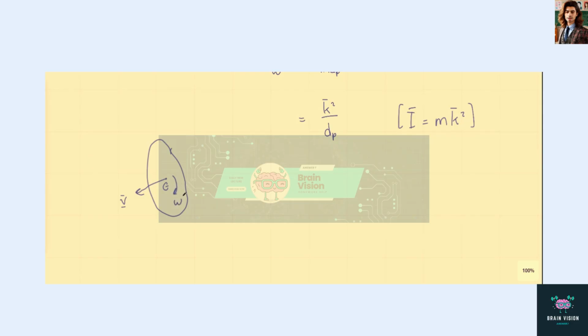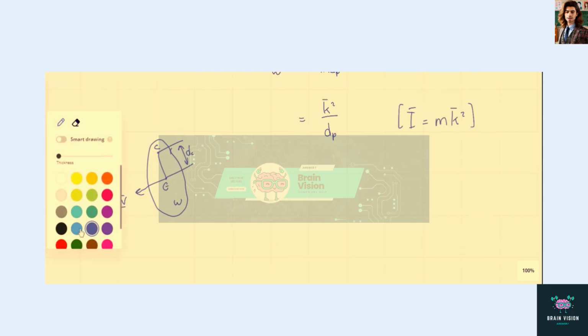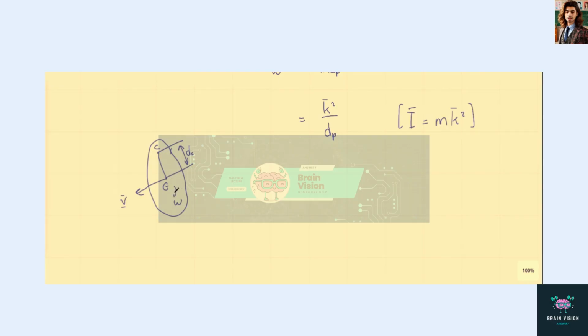Rotational speed is omega, and our instantaneous center, which we wish to find, point C, is a distance GC. To simplify our equations a bit, we'll call that distance GC, dC.